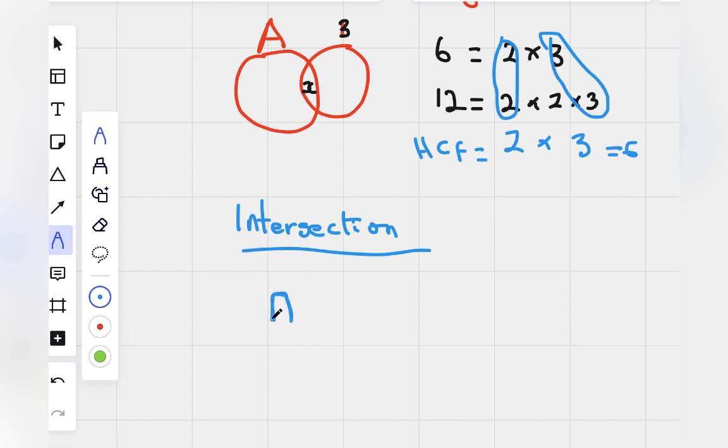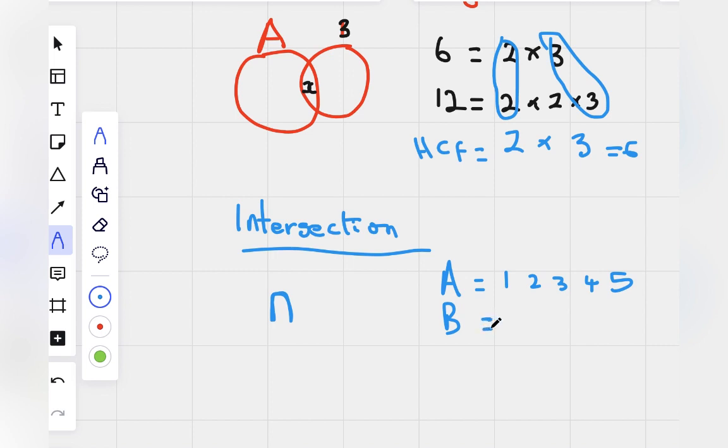So if we're given two sets, let's say set A is 1, 2, 3, 4, 5. Okay, we will not spend too much time because we're not dwelling on set. And set B is 2, 4, 5, 6.